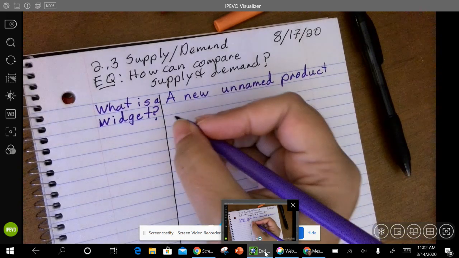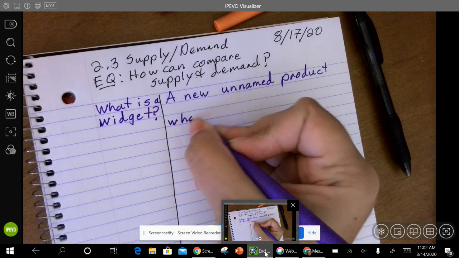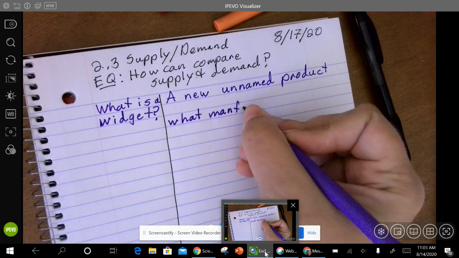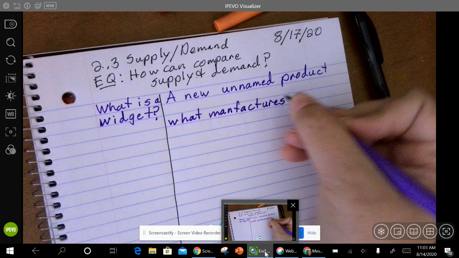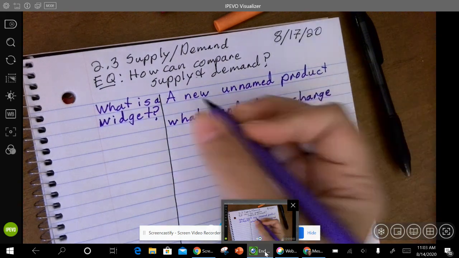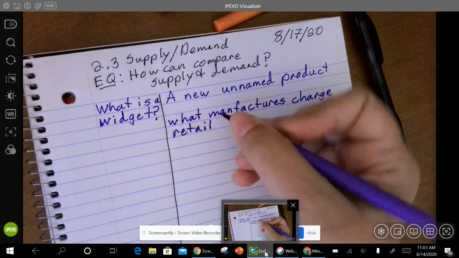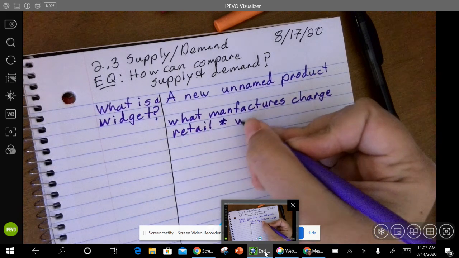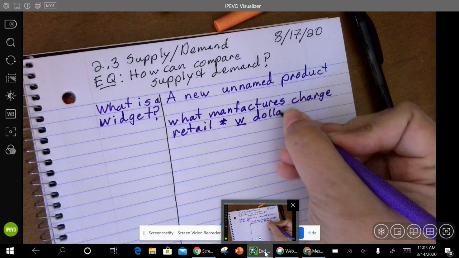So the wholesale price is what the manufacturers charge. So whoever makes the product, they charge the retail. Okay. So whether it be an online store or if you're going to Target, it's with the wholesalers.